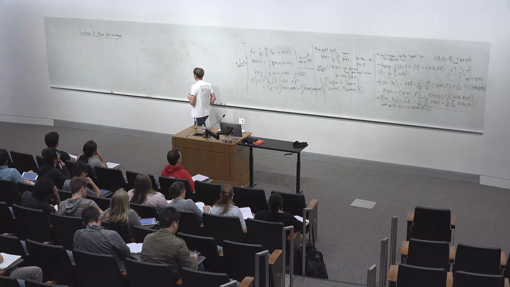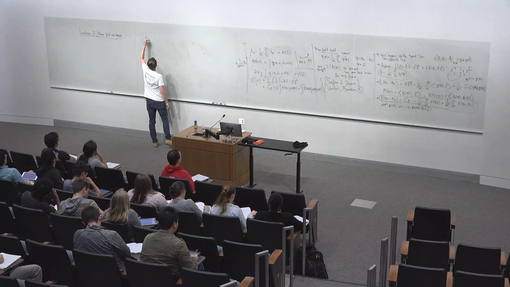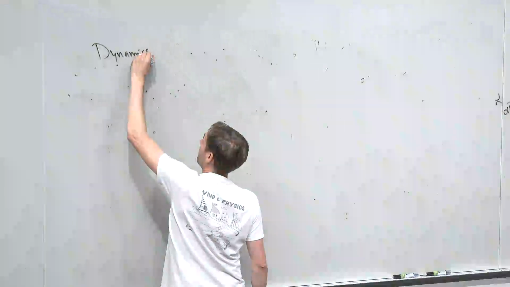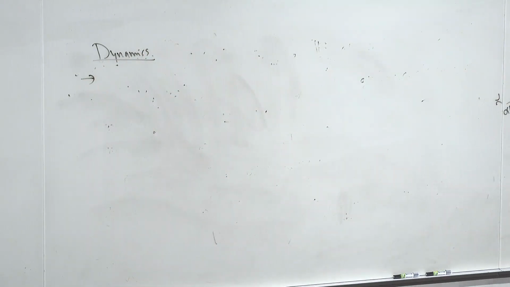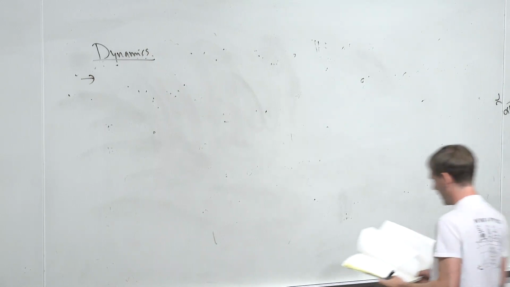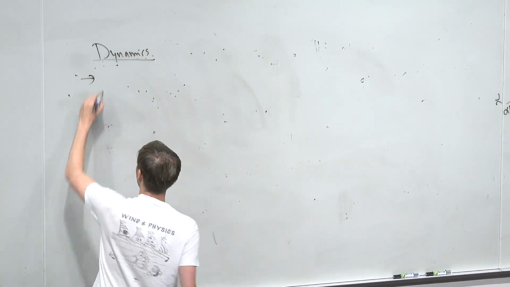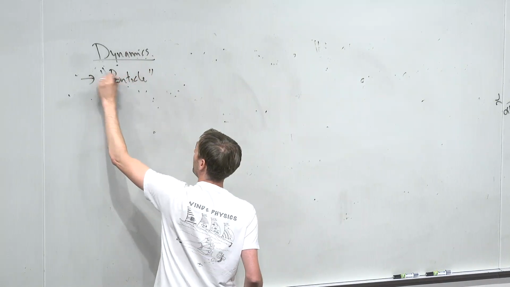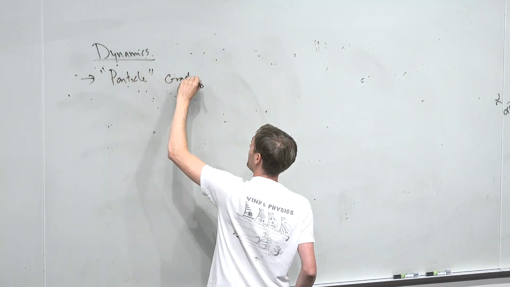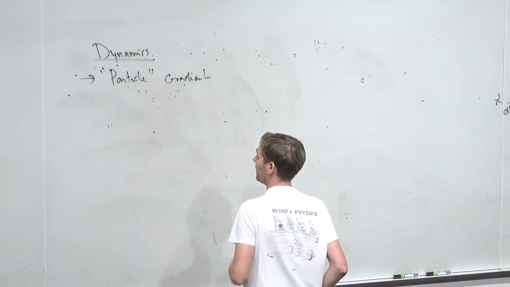So we know that, working again in continuous time, what we have is what's called the particle gradient flow. That is nothing else than the original gradient flow, right?